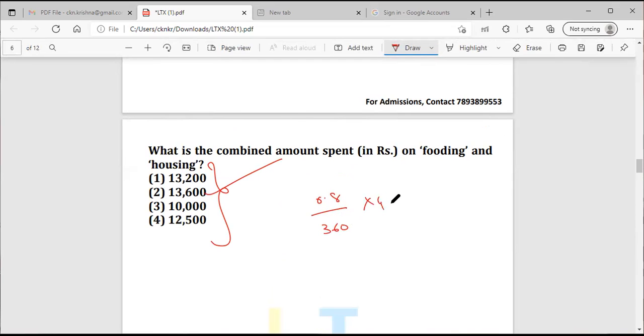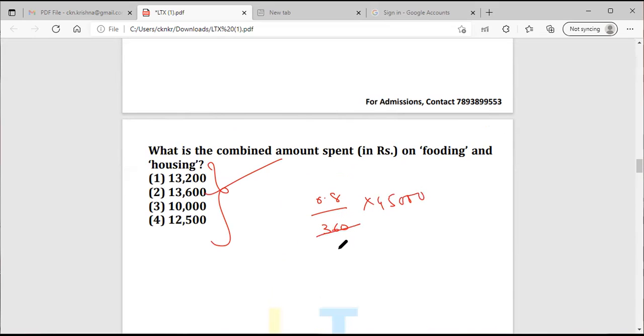0.8 upon 360, this is 45,000. You can understand, 4 9s, 0 9s, 5 9s here, 5,000. 0 gets cancelled. My answer: 8 into 500. 0 gets cancelled.